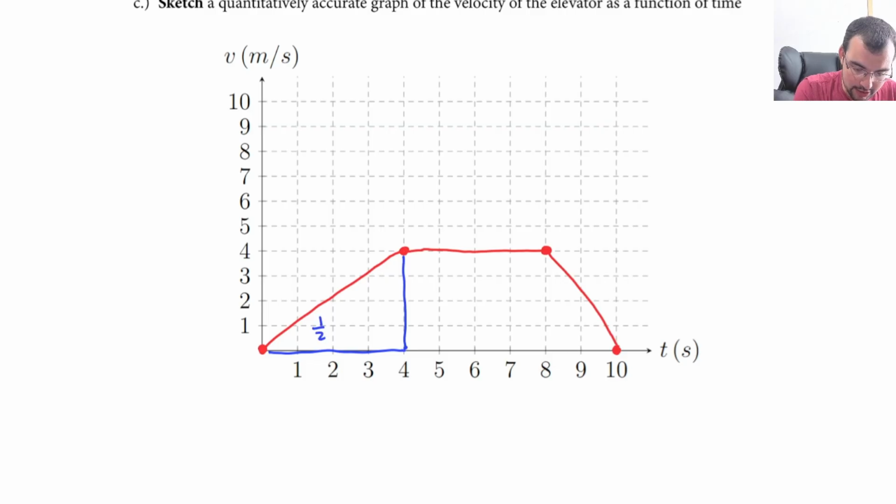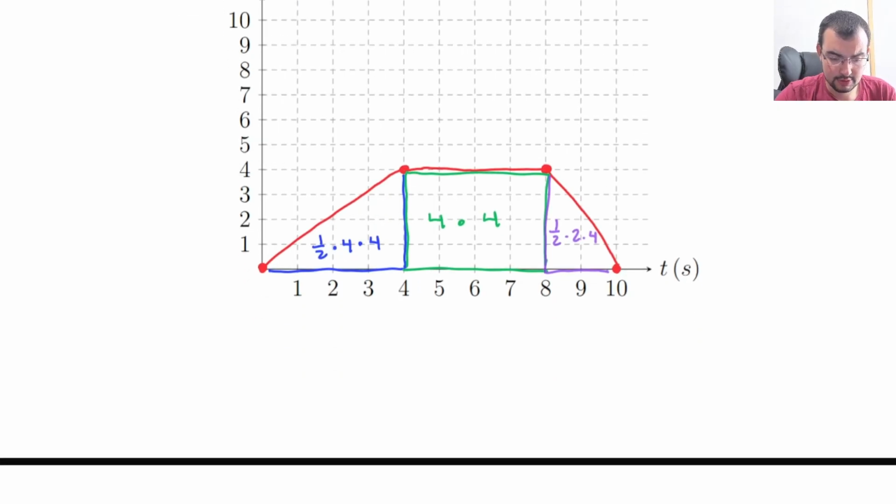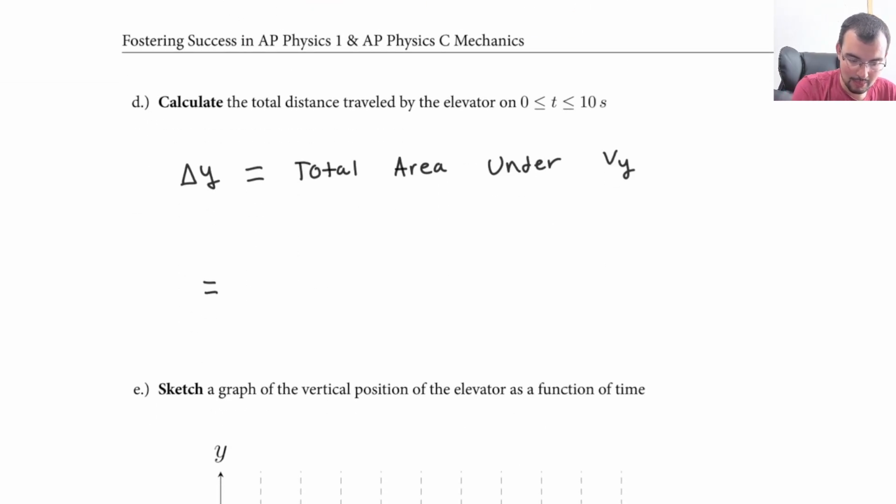So this would be 1/2 times base is 4 times height is also 4. And we have base is 4, height is also 4, no 1/2. Then we have base is 2, height is 4. So that gets us 3 areas that we have to add together.